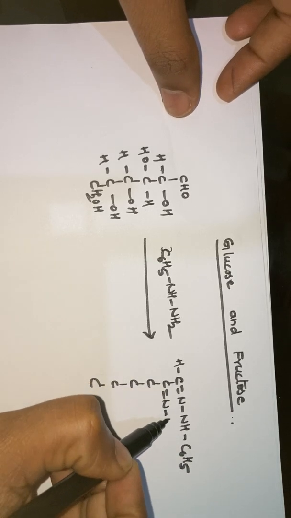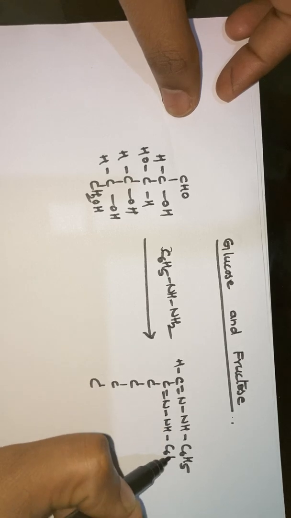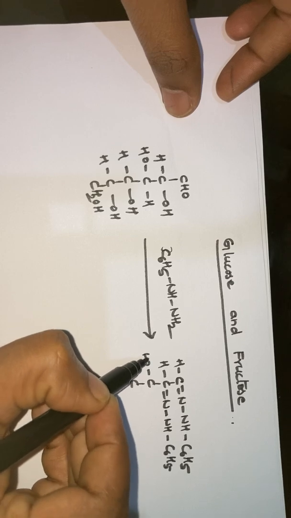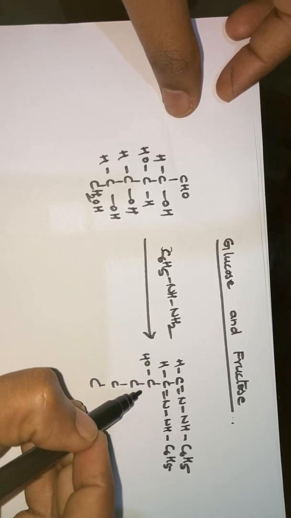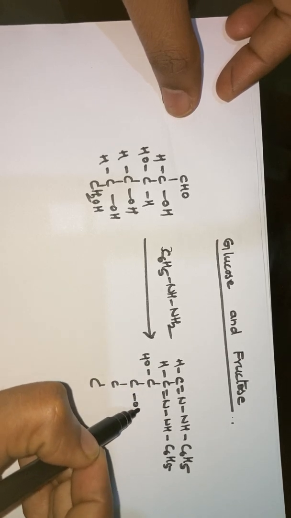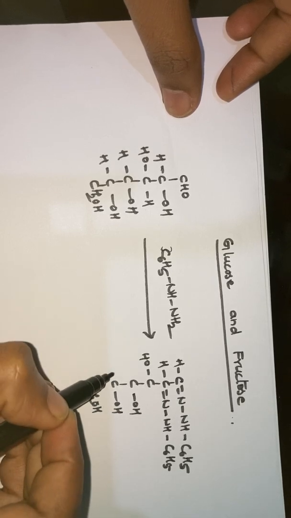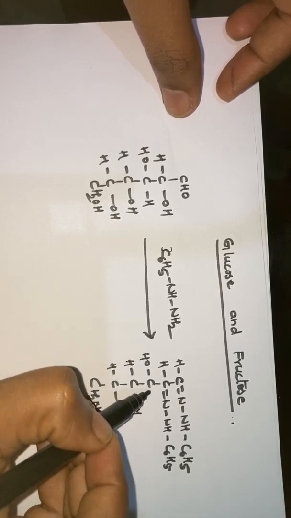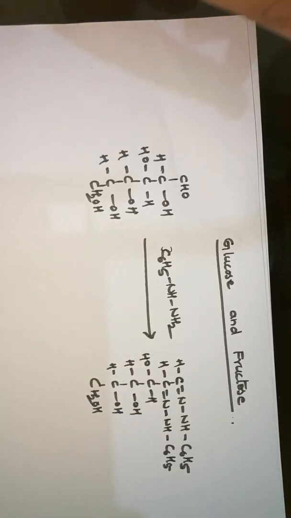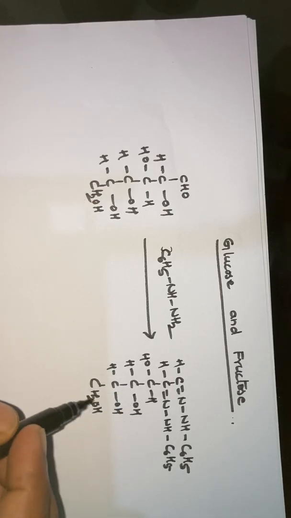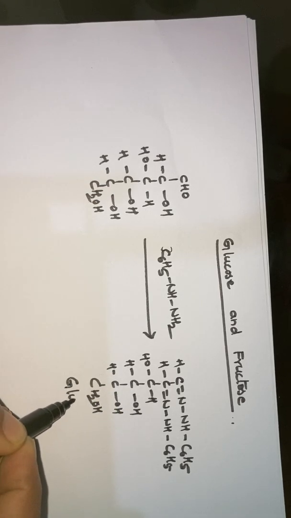C double bond N, NH, C6H5. Now you get glucosazone.